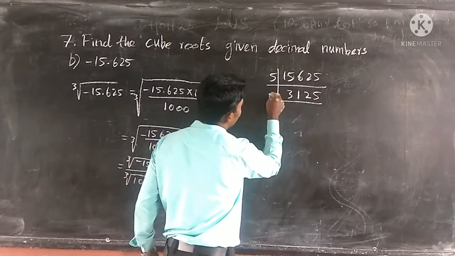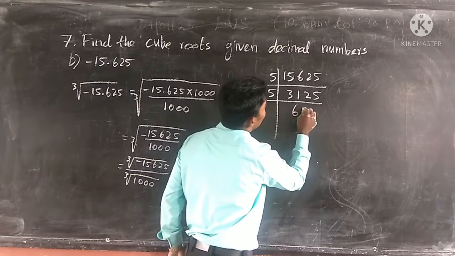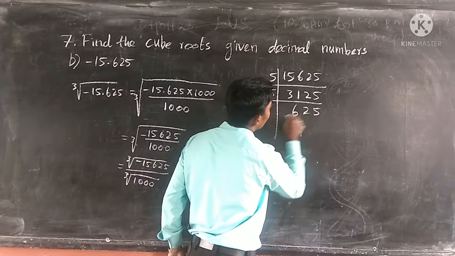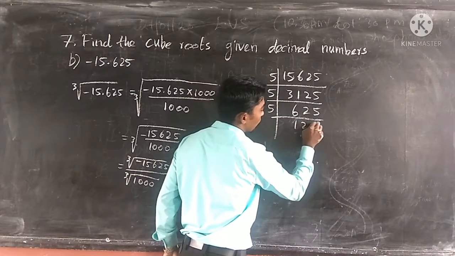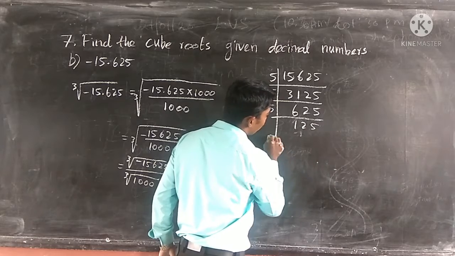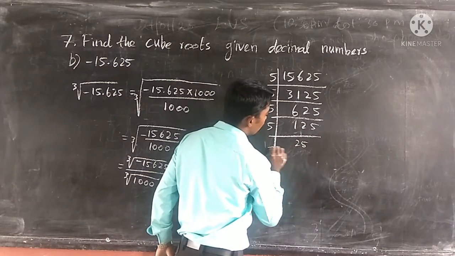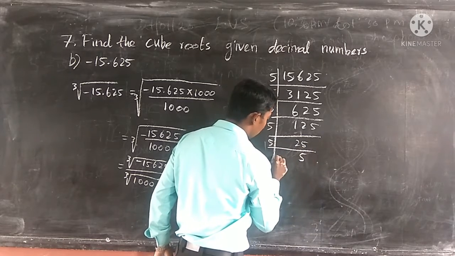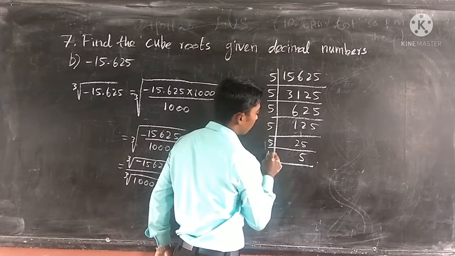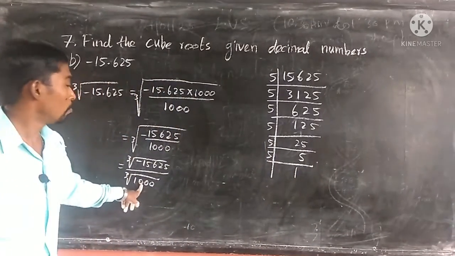We can divide this number by 5. We will get 625. We can divide this number by 5. We will get 125. 125 we can divide by 5. We will get 25. 25 we can divide by 5. We will get 5. 5 we can divide by 5. We will get 1.